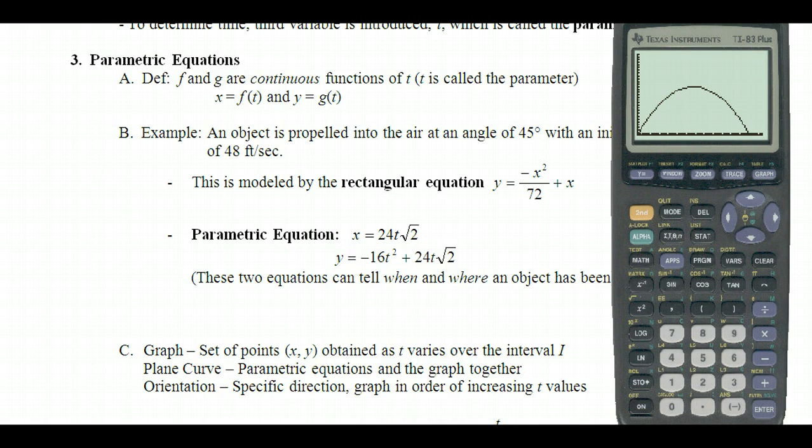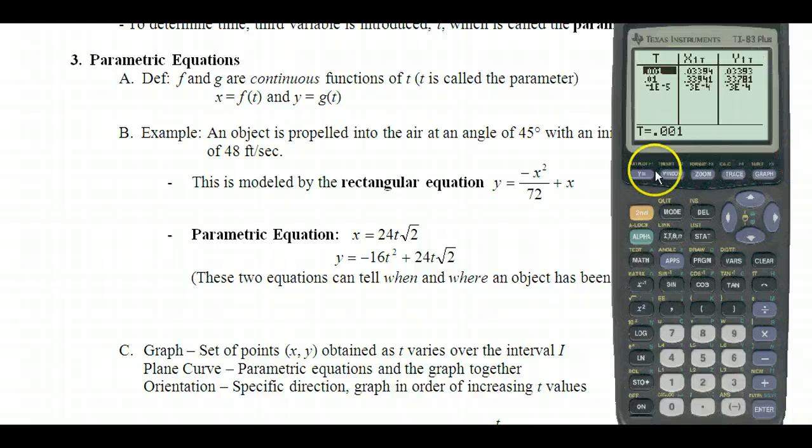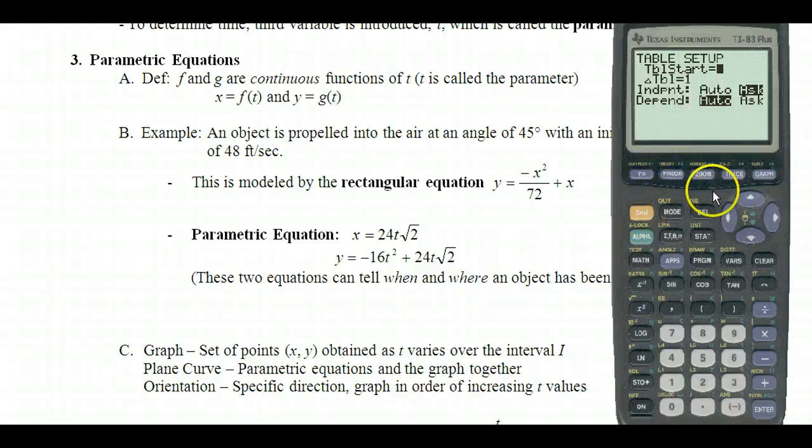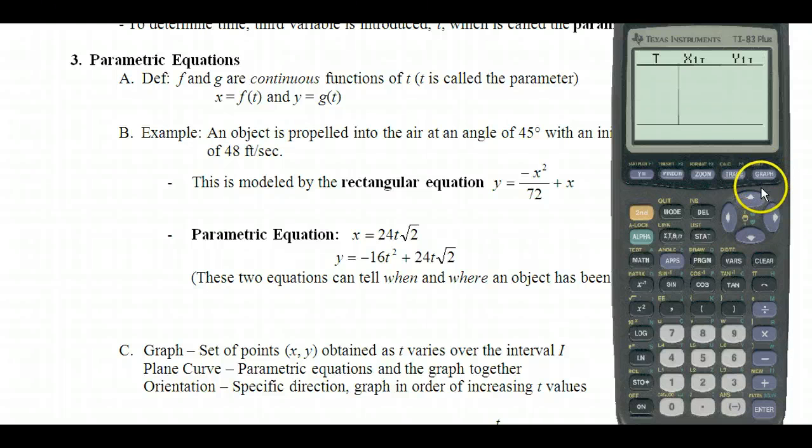So that's the difference between our rectangular and parametric equations, is that now I can say where and when. If I go to the table, oops, my table isn't set up. I'm going to start at 0, have it change by a 1/10 of a second, and set it to auto. Then when I go back to table, it tells me at time 0, my x is 0, my y is 0.